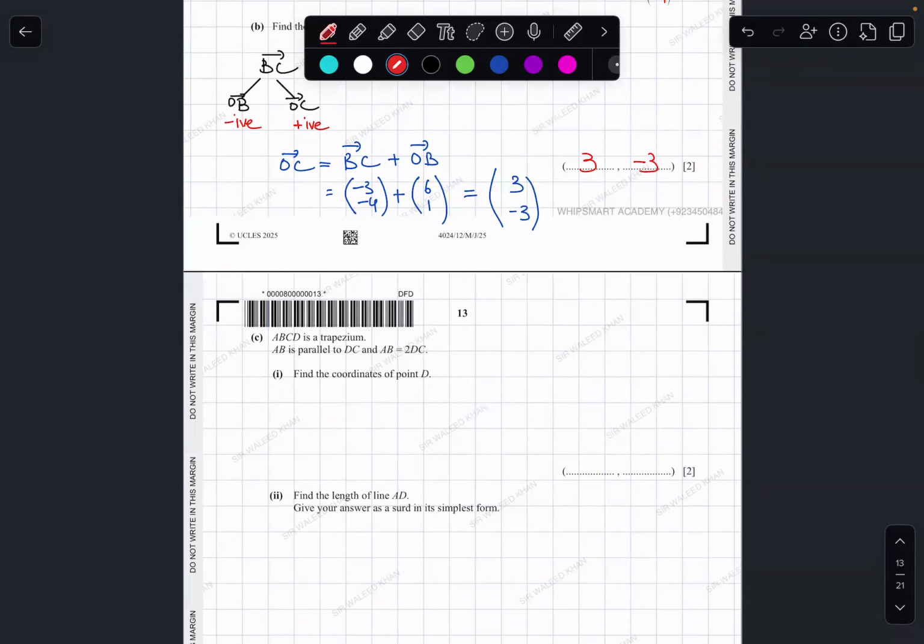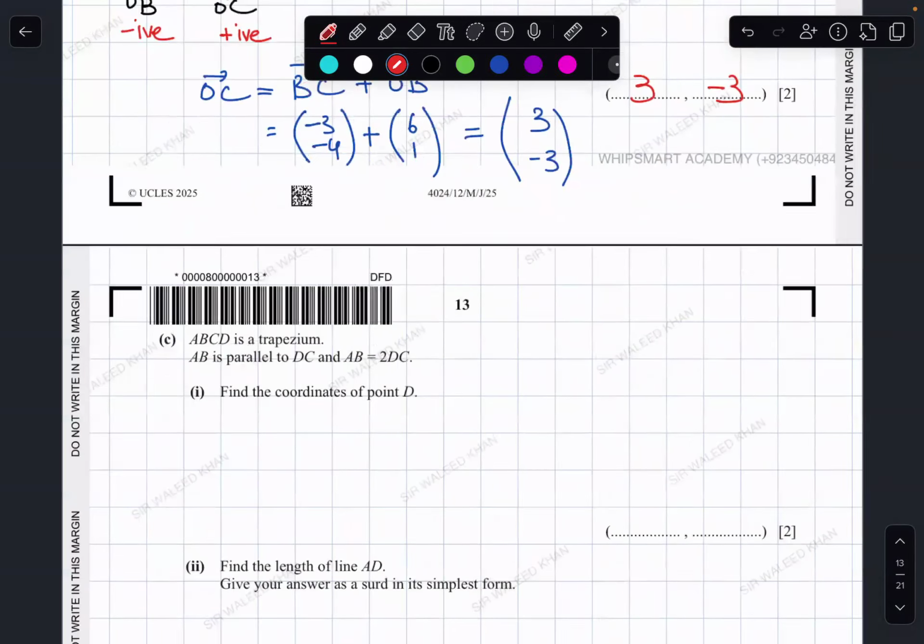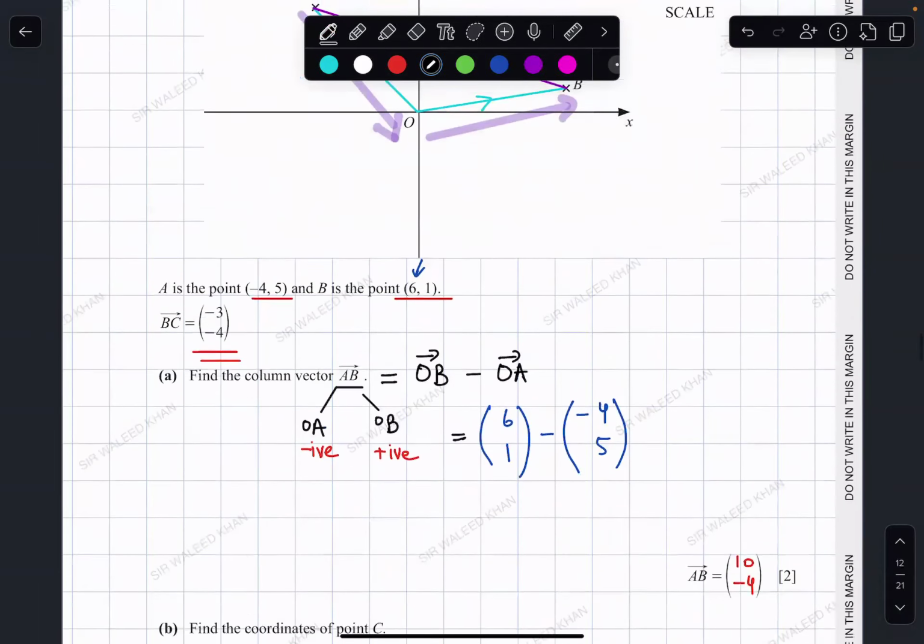AB is parallel to DC and AB is 2 times DC. So they have given us AB is 2 times DC. Listen for me. Find the coordinates of D. AB is 2 times DC. So what was AB?